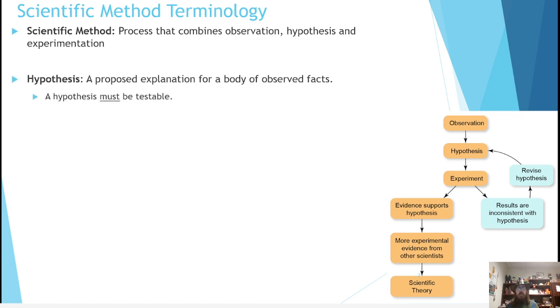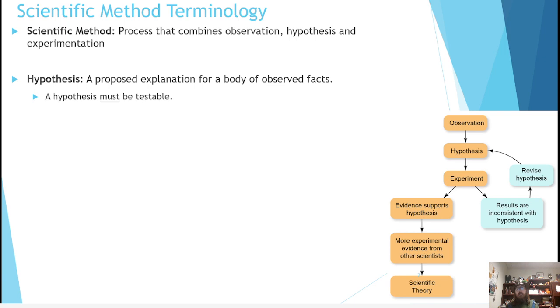It's a proposed explanation for a body of observed facts. You observe this occurs. Why does this occur? You're going to make a reasonable guess, and it should be testable. We want to say, why does this work? Well, you run an experiment, and so you have two possibilities.